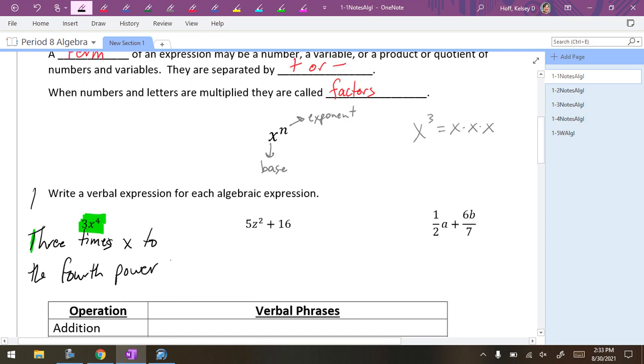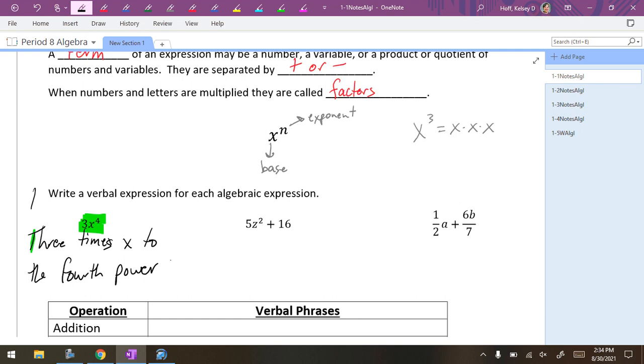I'm going to give everybody a minute here. Write a verbal expression for the middle one. What would you say to somebody who hasn't seen this and you want them to write it down? Who's willing to share?